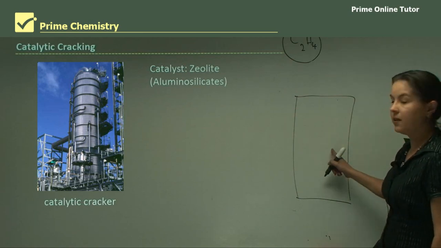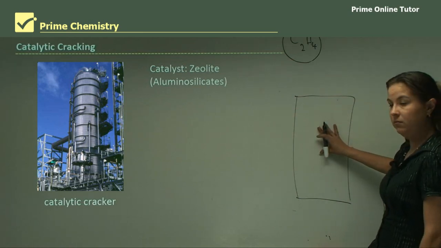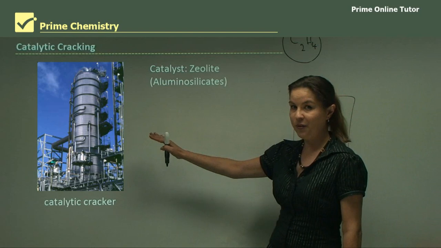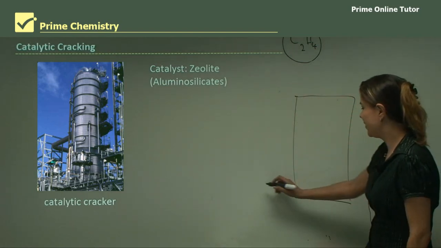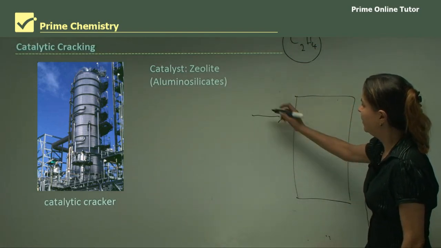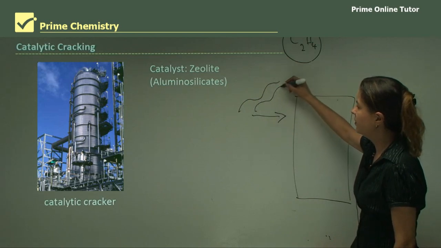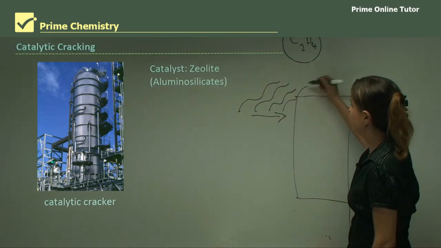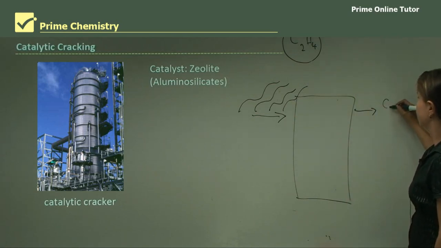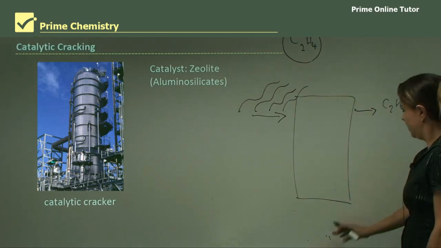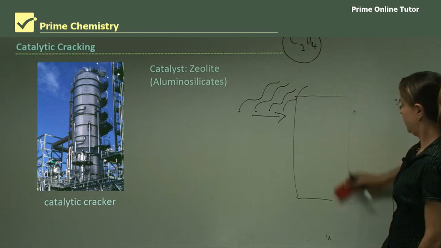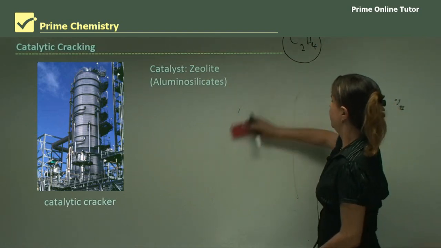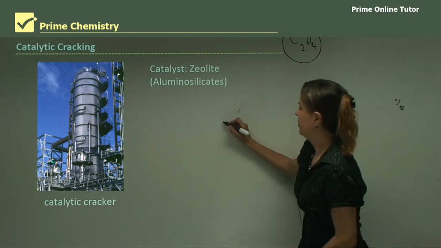Let's imagine that this is our reaction vessel. This is a very large reaction vessel nonetheless. So in go the long chain hydrocarbons, whatever length they may be. Now they could be different lengths, and we'll get to that. And out comes C2H4. I'll just move that over so you can see.